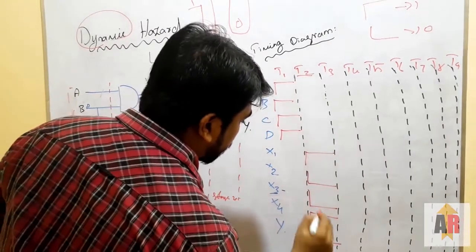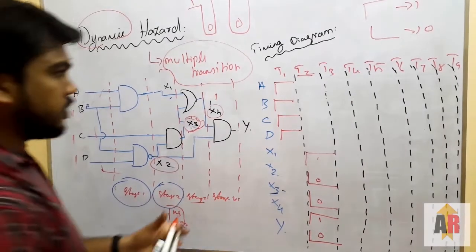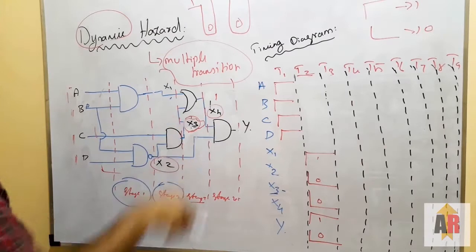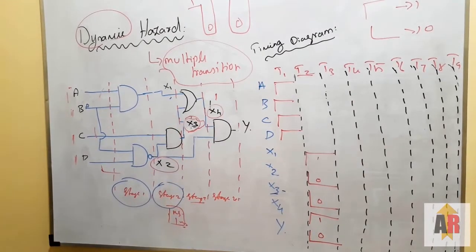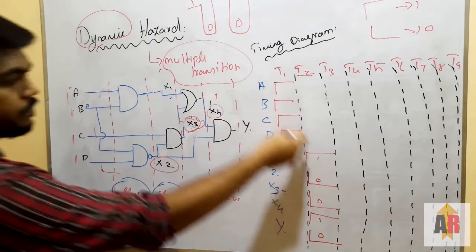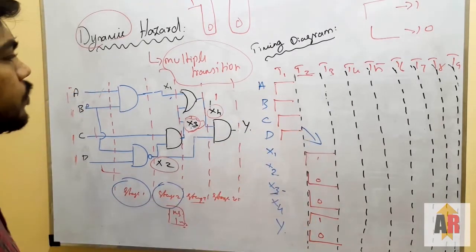So 1 0 0 0 1. See, for this particular input I got this output in each transition. I didn't consider the delays in each gate. In this part I directly jumped over here, so leave it. I'm not going to talk much about it.